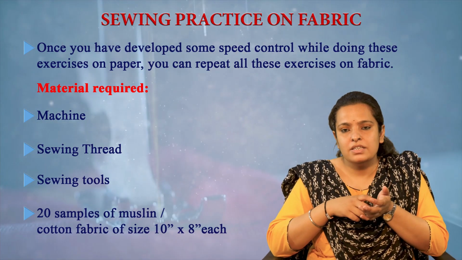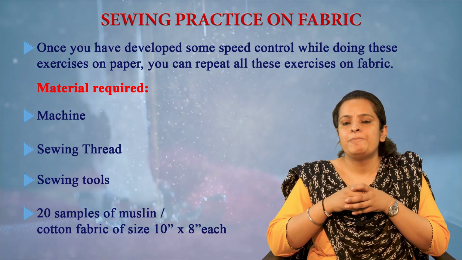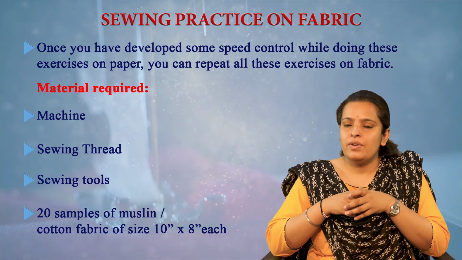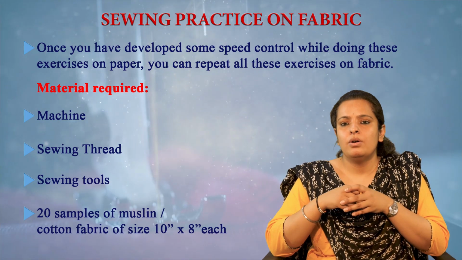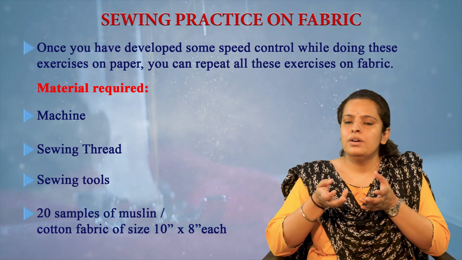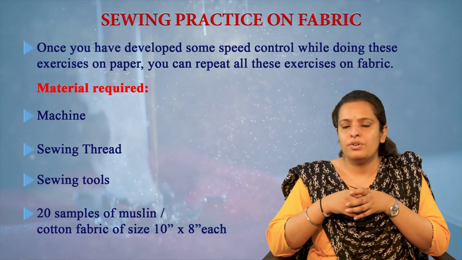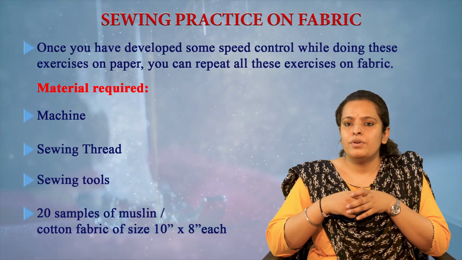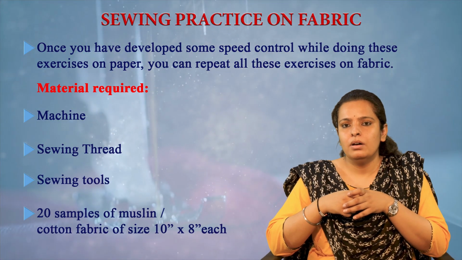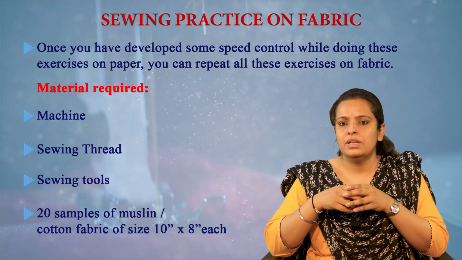Muslin we have discussed in our earlier session; it is a type of fabric. So we can take a muslin fabric or a cotton fabric of size 10 by 8 inches for practice. This is a small piece of fabric you can use for practicing normal stitching.